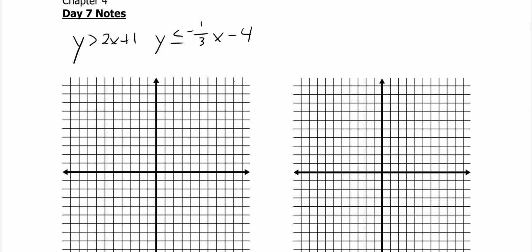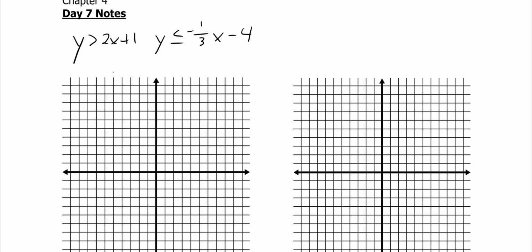Okay, so let me move that down just a little bit. You're just going to graph these like normal, just like you did yesterday. I'm going to use a different color to graph the one inequality, then a different color to graph the second, and then the third color, I'll use green to show where they overlap.